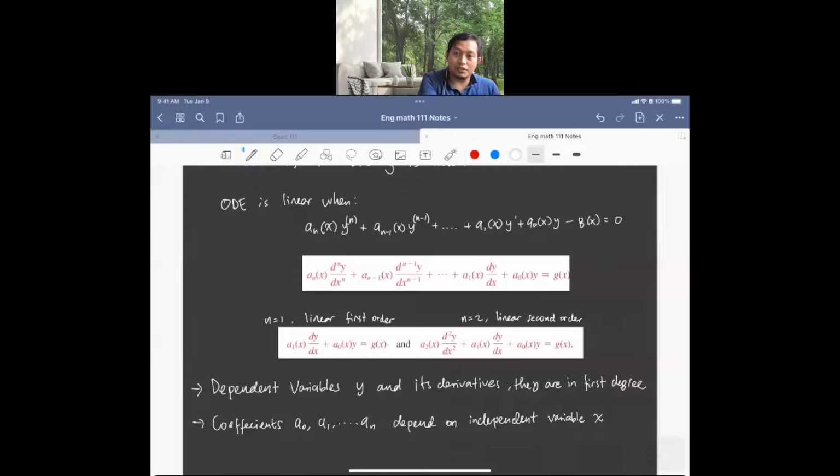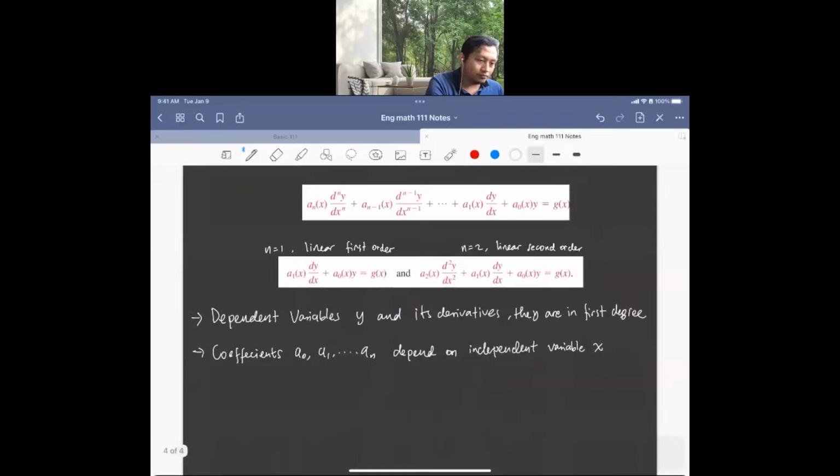Now from these linear definitions or linear structures that we have, we can also make some definition for the nonlinear. Practically, nonlinear is if this is not the first degree. So intuitively it's the reverse of the linear definition.